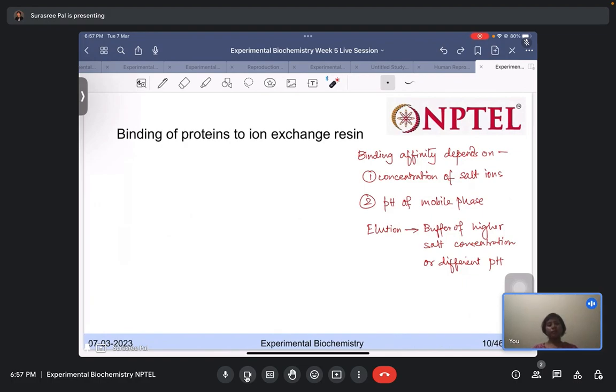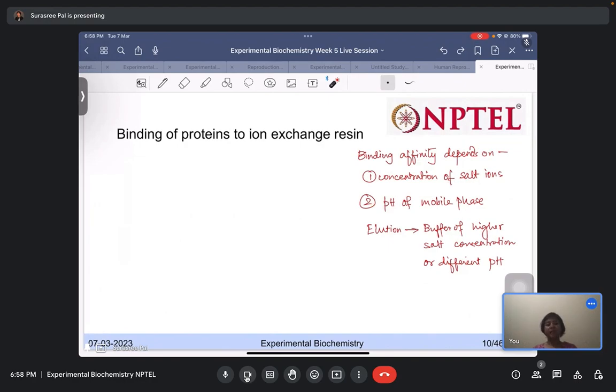Suppose we are purifying the protein in Tris-HCl buffer of pH 7, and we are using 1 molar NaCl for elution. In this particular buffer, the concentration of salt will determine how much the binding affinity of our protein of interest to this ion exchange resin will be, and also the pH of the mobile phase.